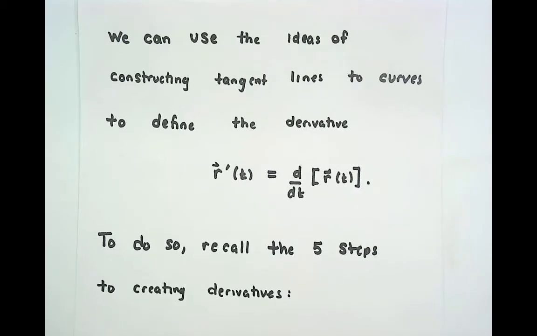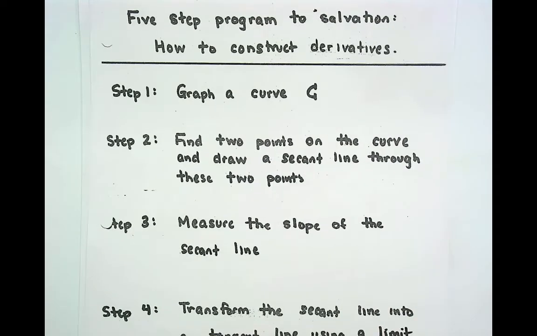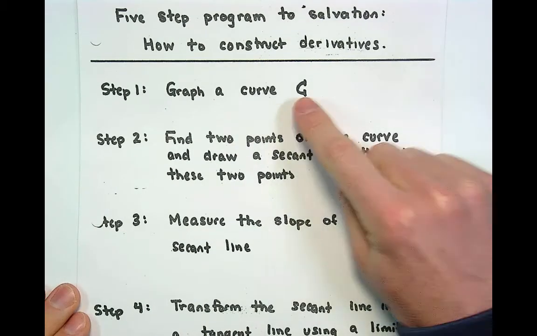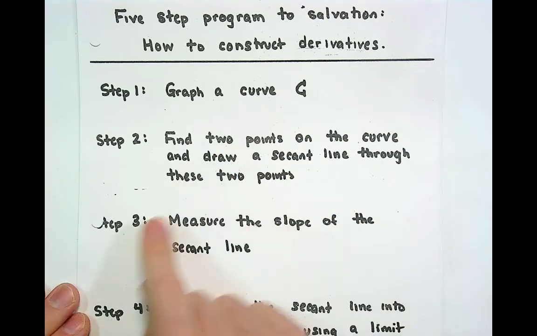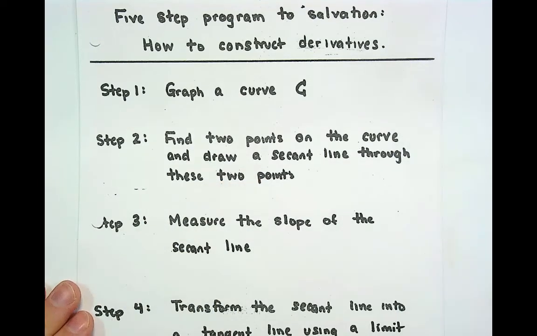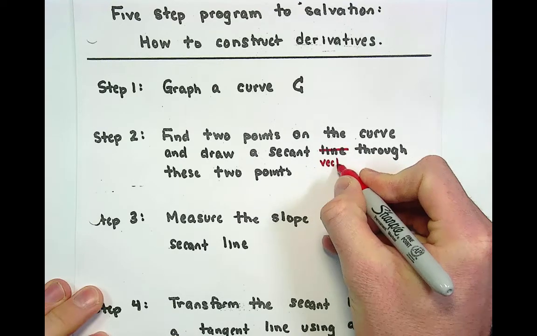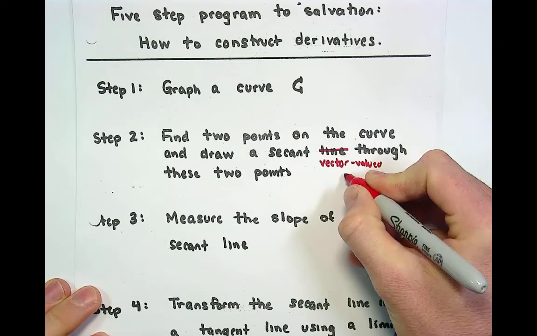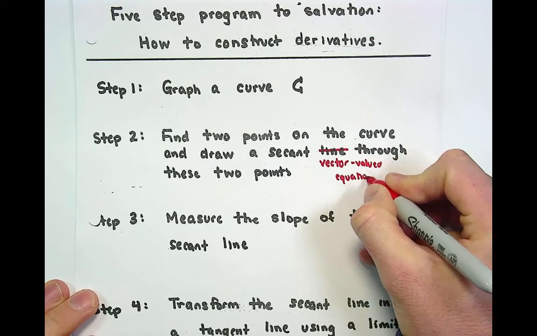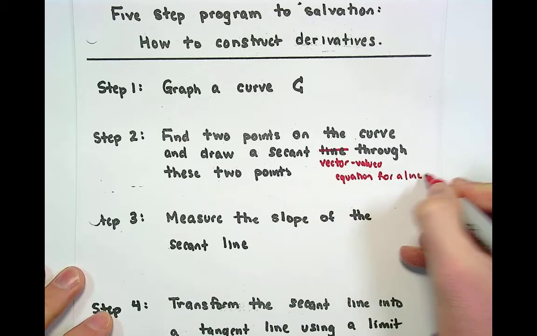As always, to define derivatives, we focus on a 5-step program to salvation. In this case, we're going to graph the curve. That curve is defined by r of t. We're going to find 2 points on the curve and draw a secant line through those points, which in this case, we're going to call a secant vector valued equation for a line through those points.